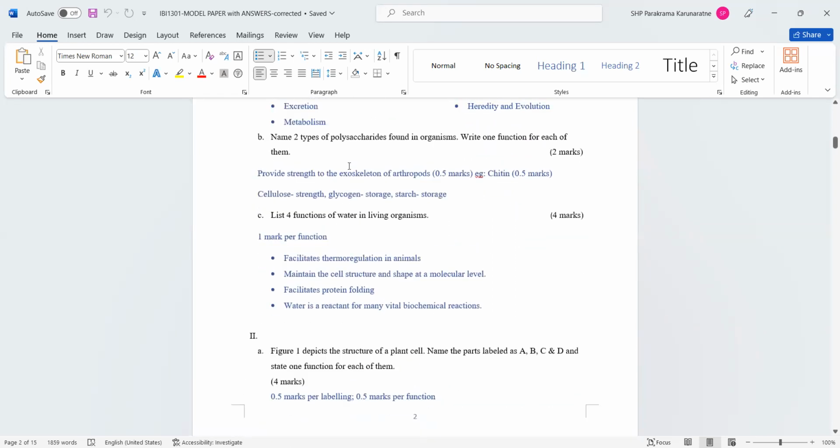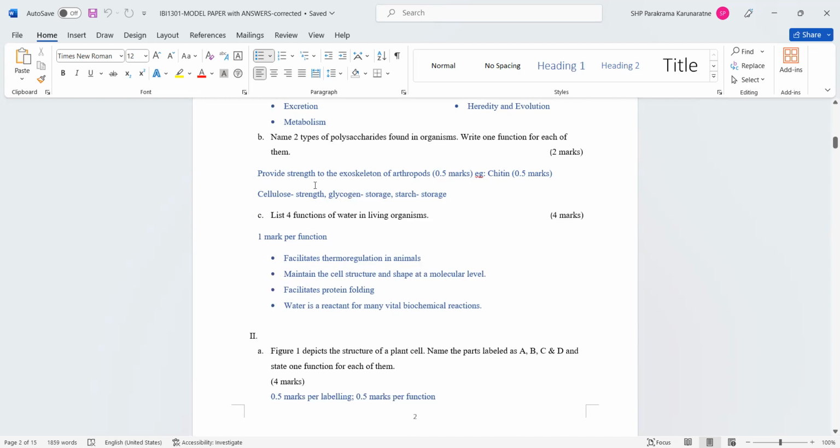Then section B, name 2 types of polysaccharides found in organisms. Write 1 function for each of them. So you can write several things.